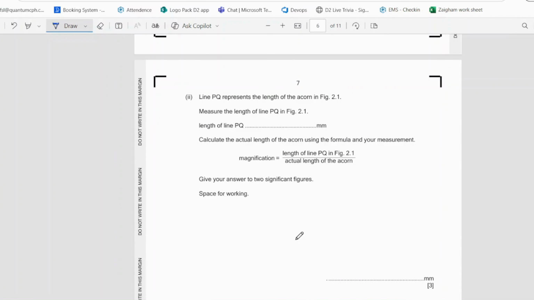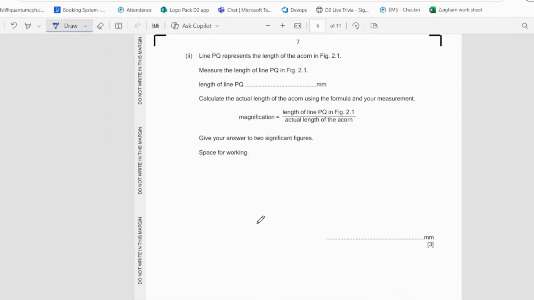Okay, the question is calculate the magnification. Now, since you have your own diagram, you can. Okay, I'm giving you the length for this PQ. The length for this PQ is, for me, 82 millimeter. What is the height of your drawing?